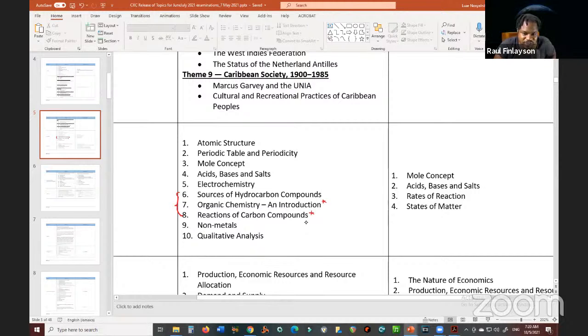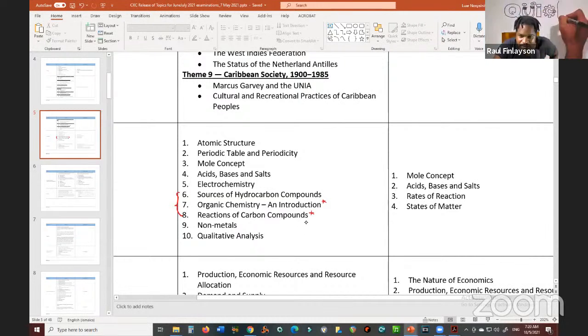If they decide to separate them, for example, they could make one question entirely about the reactions of carbon compounds and combine 6 and 7 together in one question. If they do it that way, it means organic chemistry, and those who lack organic chemistry will be at a disadvantage here. But as I told you, my prediction is that it's very likely they would marry these two, and marry these two.